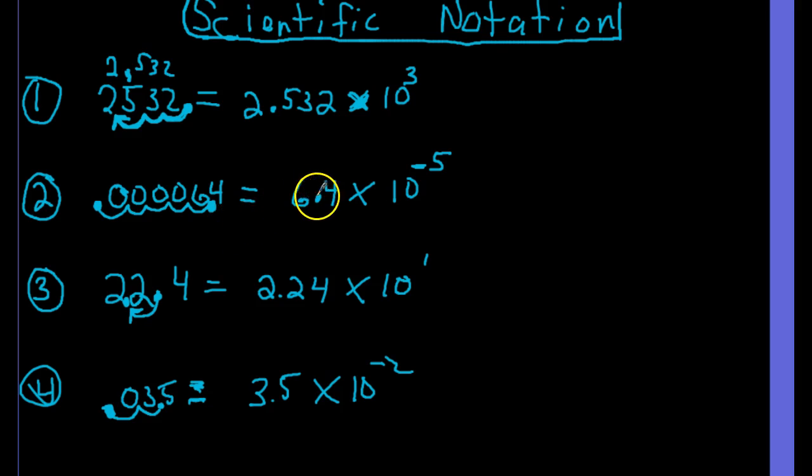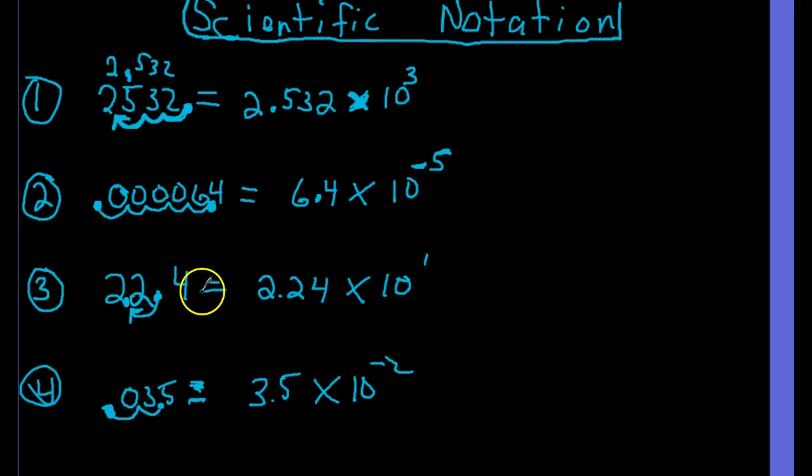So it's 6.4 times 10. Now because we started with a number less than 1, that is -5. Up here we started with 2,532, so when we move to the 3, it's positive 3. Because we started with a number less than 1, that exponent is going to be negative.